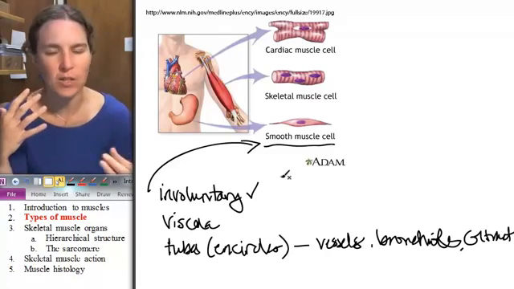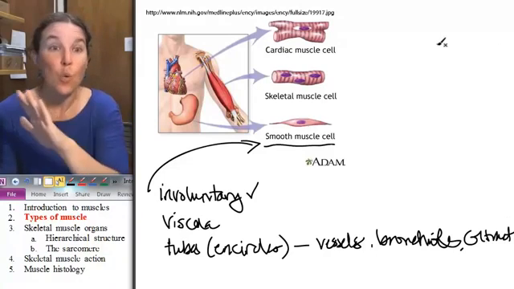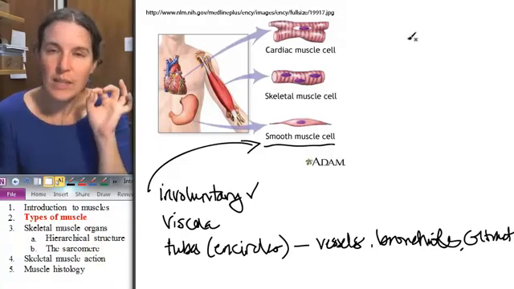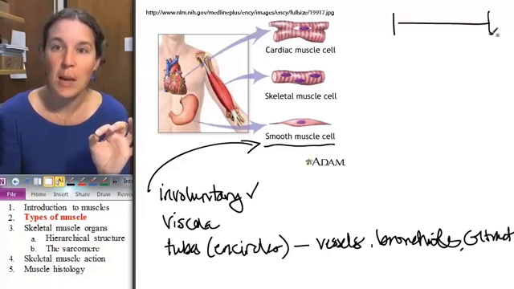Now, I'm not sure if this is clear yet, but muscle tissue, all muscle tissue, is organized in such a way that it functions by shortening.